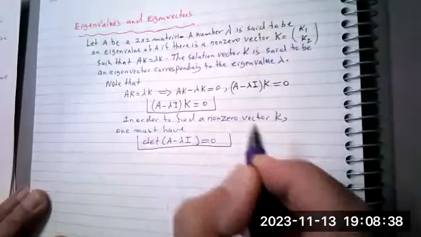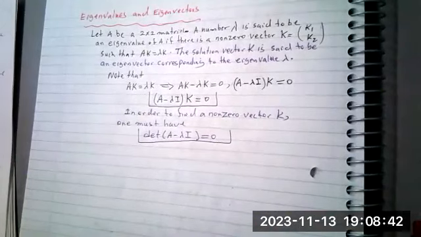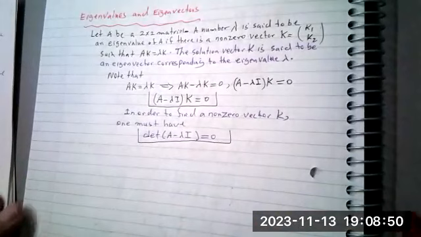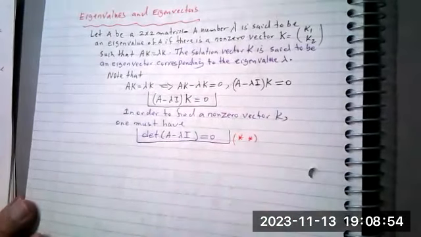Because if A minus lambda I were invertible, then K would be 0. But K is non-zero, so the condition that we impose is that this determinant is equal to 0.